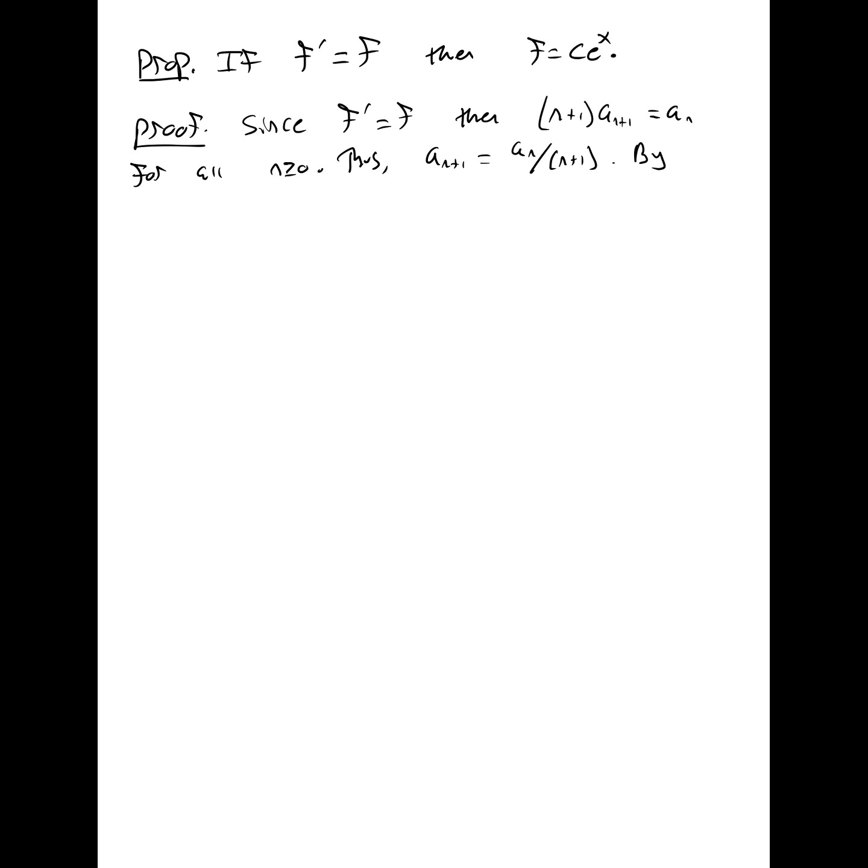By induction, in particular on n, a sub n is just going to be equal to, well, the only one that's going to remain in the numerator is a sub 0, and down below we're going to be multiplying by n each time, so we end up with n factorial.